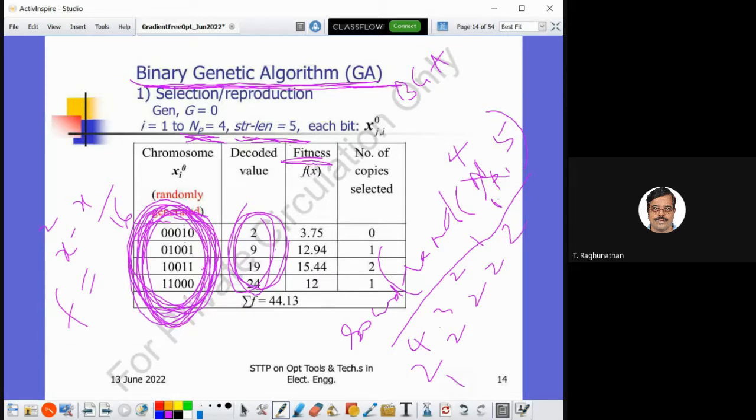So if I have 1, 1 and zeros in all these places, 2 raised to 4 is 16, 2 cubed is 8, and 16 plus 8 is 24. That's how you get 24. In genetic terminology, these decoded values are known as phenotypes, and these coded values are known as genotypes.